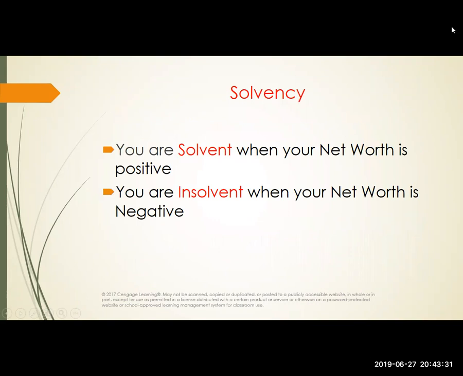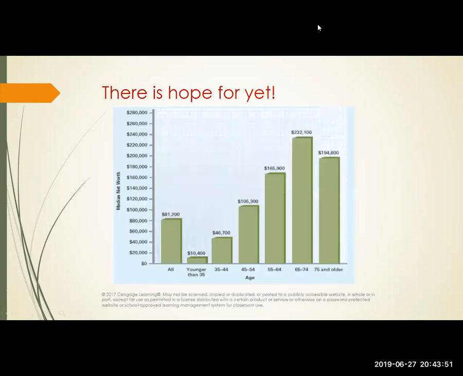A couple of terms for you to be aware of. Solvency: you are solvent when you have a positive net worth, and you are classified as insolvent when your net worth is negative. But again, not to despair, if you're a student, you probably are insolvent because you don't have many assets and you may have significant student loan debt. So there's hope yet.